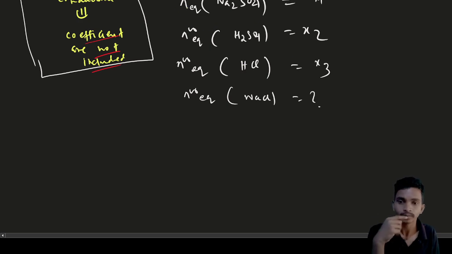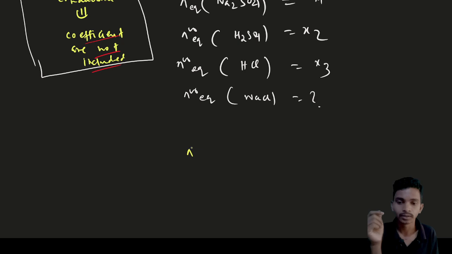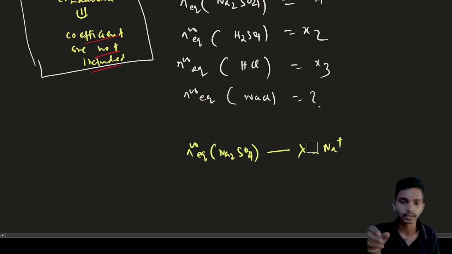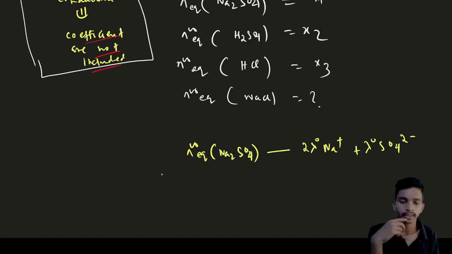So let's say whenever the infinite dilution equivalent conductance of Na2SO4 is written, then what are we doing at infinite dilutions? To Na plus, this we are writing like this. But this is for molar conductance.